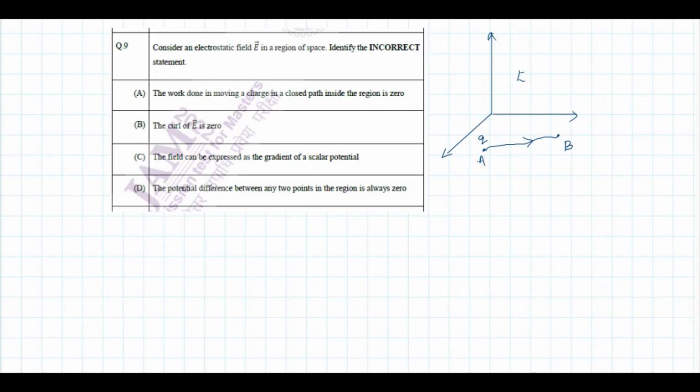Suppose it is E. Then the work done against this field in moving the charge from A to B is given by dW equal to integral A to B of E dot dr, where dr is an infinitesimal line element along this curve.